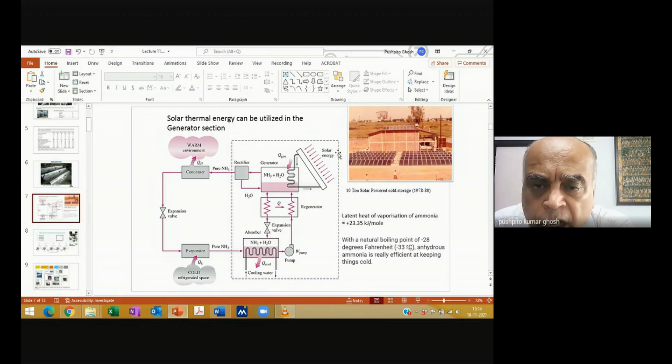So this company burns biomass and generates heat. Basically, I can supply the heat by whatever means. I can do it by solar energy, or if I've got waste biomass, I can burn it and generate heat.